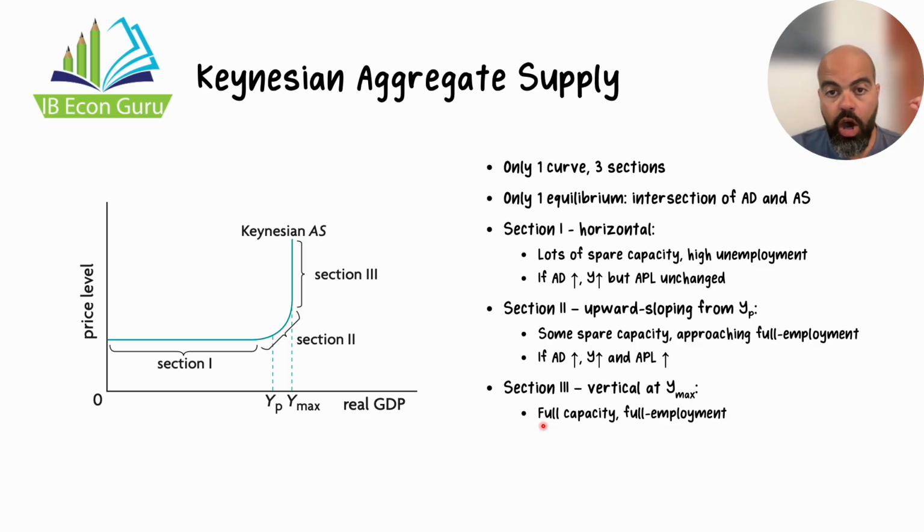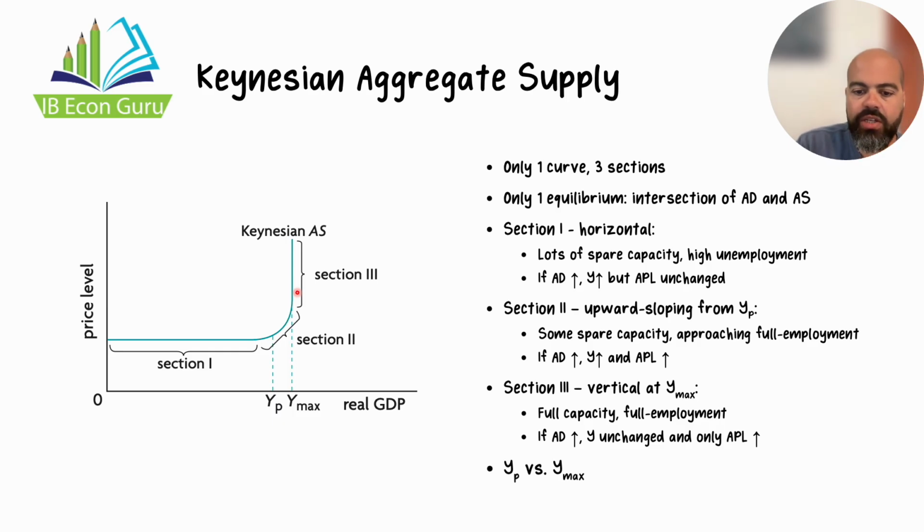This is like the economy operating on its PPC, on the actual PPC. Full capacity, full employment. If AD increases along the vertical section, Y will remain unchanged. Real GDP does not change because the economy cannot produce any more output. It has reached maximum capacity, and only the average price level will rise along the vertical section.